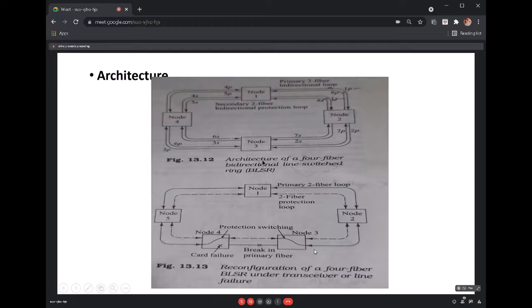This is how the transmission takes place. That is UPSR, the unidirectional one.